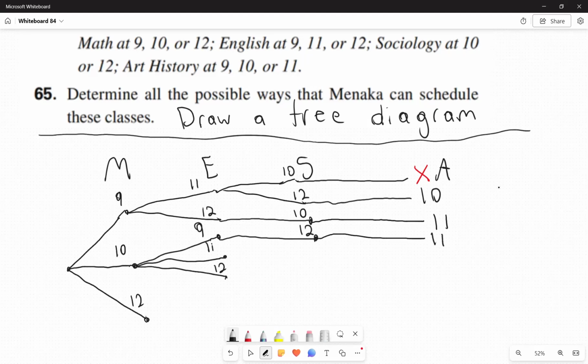If she's taking math at 10, English at 11, she can take sociology at 12 and art history at 9. Next, if she's taking math at 10 and English at 12, she can no longer take sociology. So this is over.